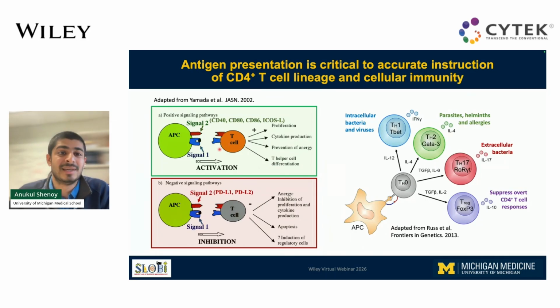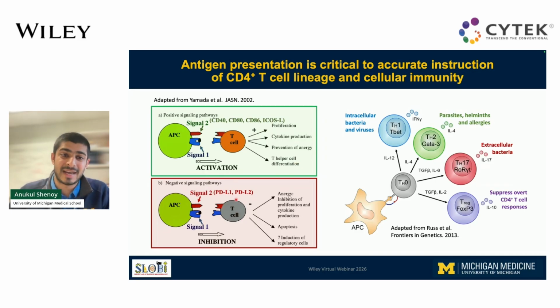And the way it does this is the MHC and the peptide that I showed you on the last slide act as signal 1. And there is a signal 2, which can be a co-stimulatory molecule or an inhibitory molecule. And only then will a T cell be able to recognize this particular antigen to cause appropriate functions. So if you have a co-stimulatory molecule like CD80, CD86, or ICOS-L, these T cells are getting a positive signal, which drives the T cells to proliferate, start producing cytokines, differentiate, and help us fight these infections.